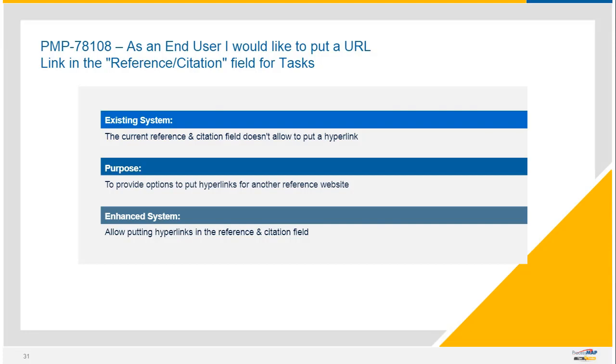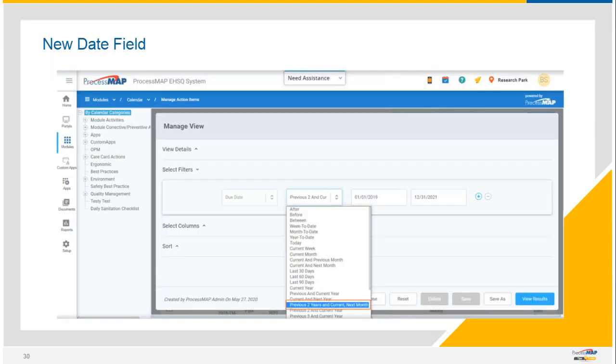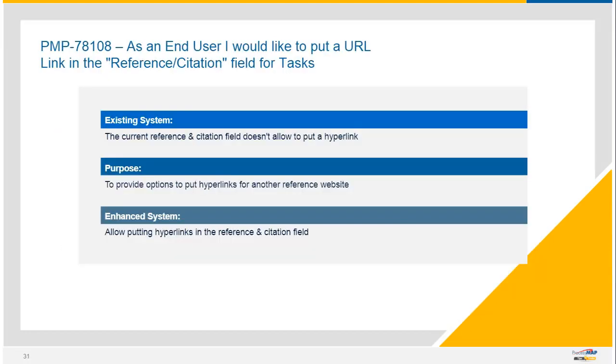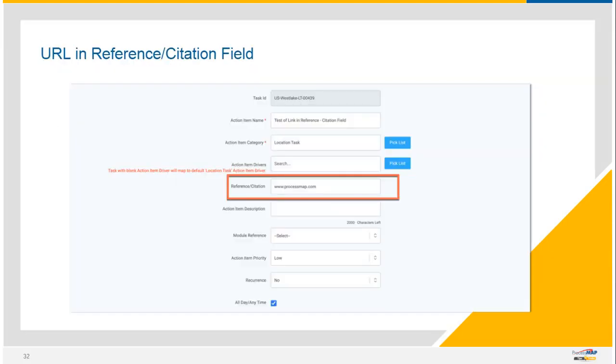We've also added another new feature in task management, which will allow you to put a URL link in the reference citation field for tasks. Previously, you couldn't put a link in, but we have made a change so that now in that reference and citation field, you can put a link into a website, and it is a clickable link so that if somebody goes in there, they can click the link in the action item.